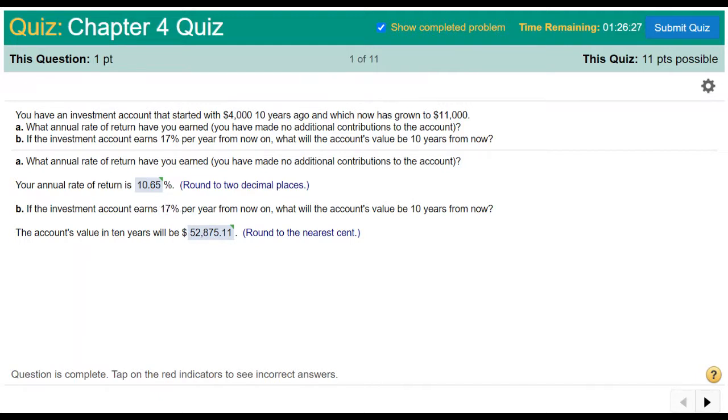So we're going to say N equals 10, I/Y equals 17, payment is 0, present value is $11,000. And then compute for future value. And the answer is going to be 52,875.11.